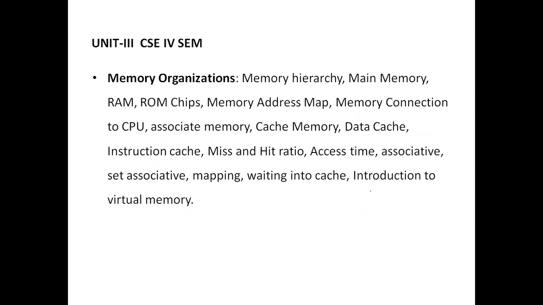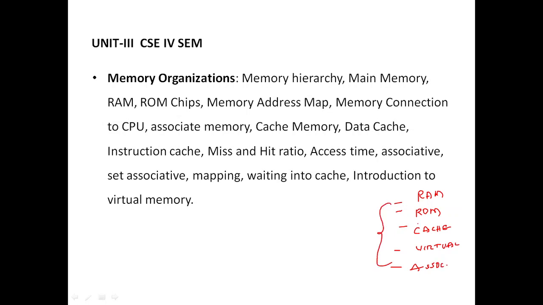And when it comes to the third unit, you will study the memory organization. As I have said before, we will have different types of memories. The first one is RAM, and the second one is ROM. You will have the cache memory, virtual memory, and associative memory. So all these are different types of memories.